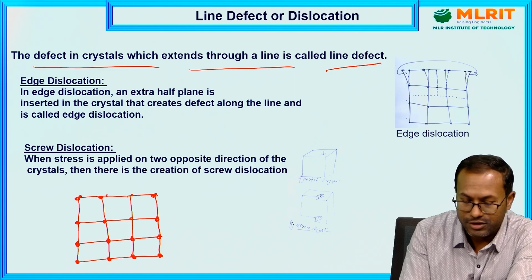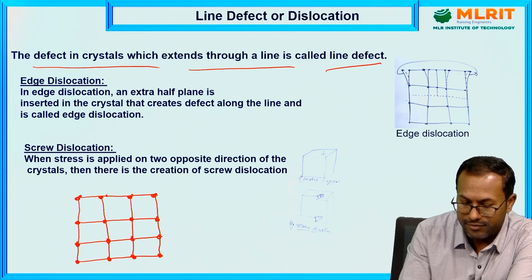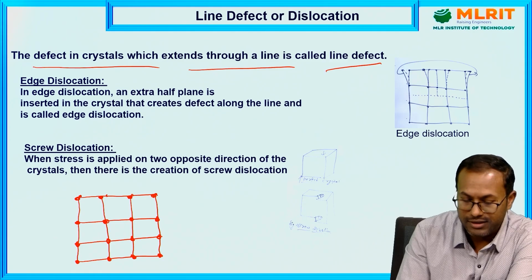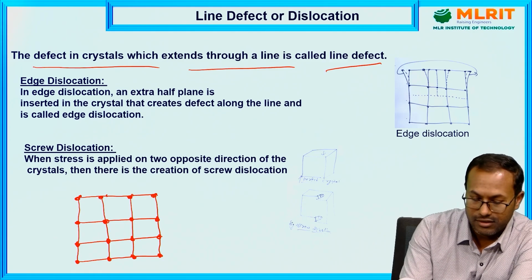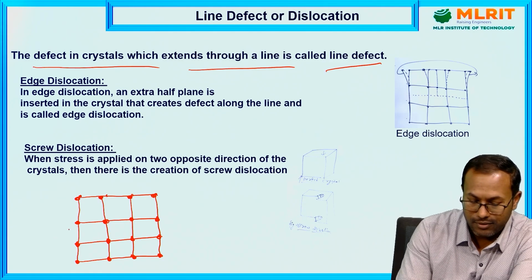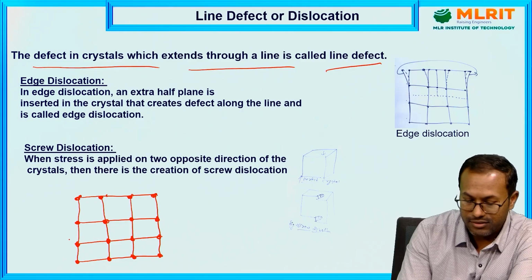So this is the location of the atoms initially. Now what is edge dislocation? Suppose this is a crystal structure without defect.